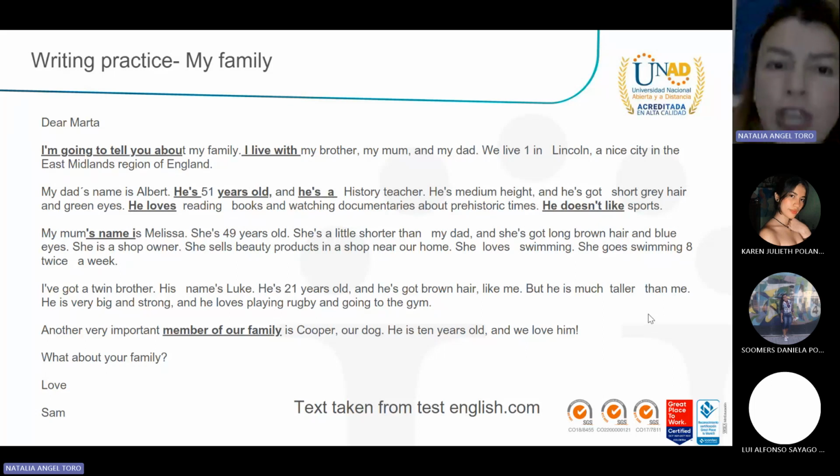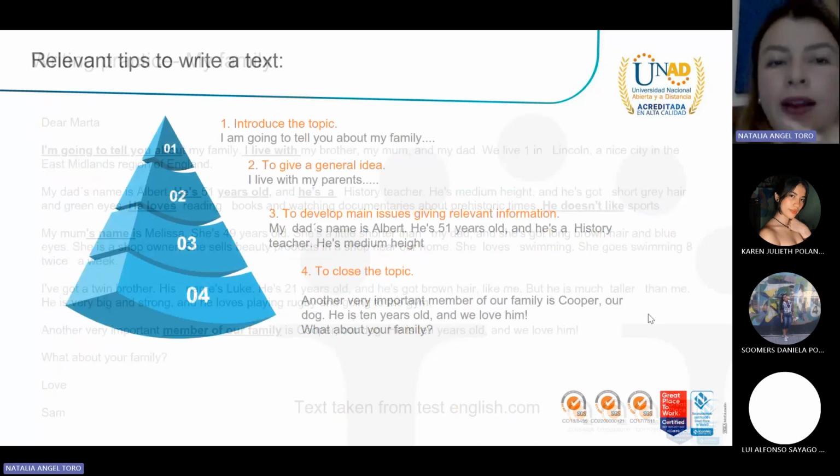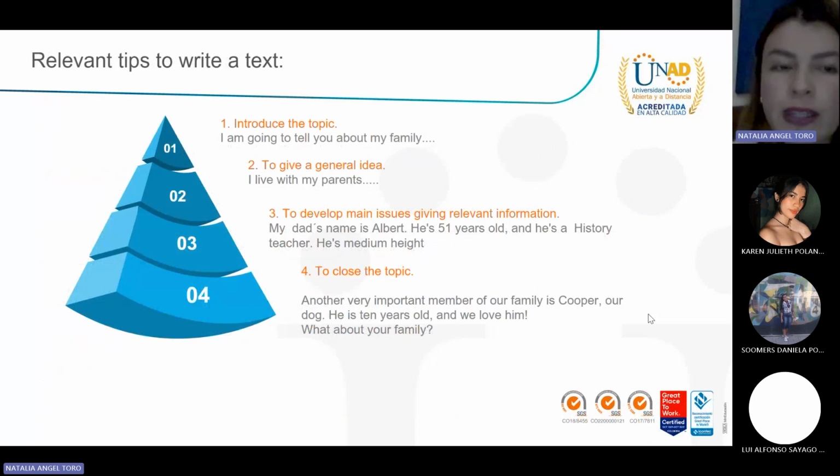ideas. If you check this text, there are many details, and those ones are organized in a logic sequence. So, for example, here we have 4 main points to build a text, but also not only to build a text, it could help when we are talking about something also.